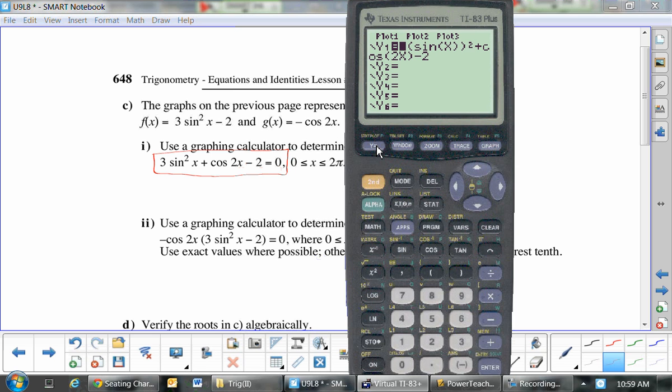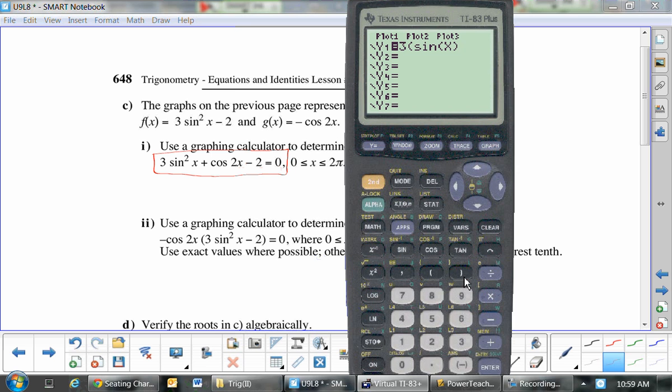Now, I'll just clear this. This is what we're going to put into the calculator. 3 sine. Now, how am I supposed to square this? Well, you want to put a bracket before the sine, then hit sine x.